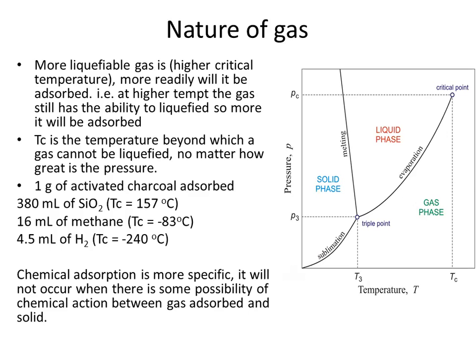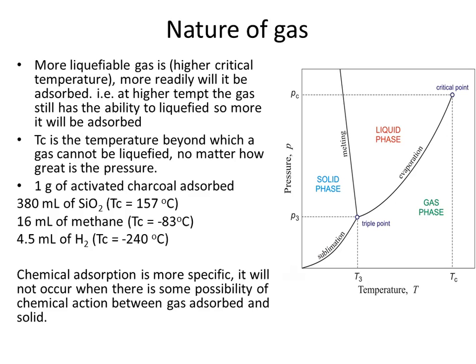So the first one is this graph, which you have already studied in 270. This is the phase changes with respect to solid, liquid, and gas. Now we are going to apply it. This is the application of this graph in this class, to understand adsorption phenomena with the nature of the gas. Nature of the gas means some gases are easily liquefiable and some are not.